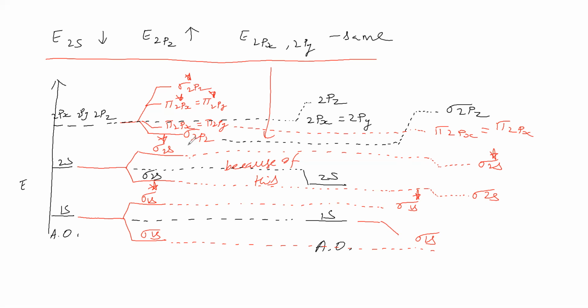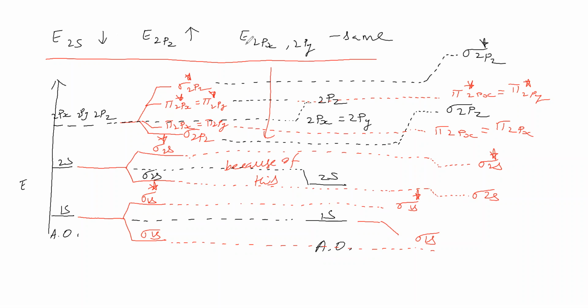The sigma 2pz energy is raised because the 2pz energy is raised. Then pi star 2px and pi star 2py energy remains the same, equal to each other. Regarding sigma star 2pz, this energy is raised.